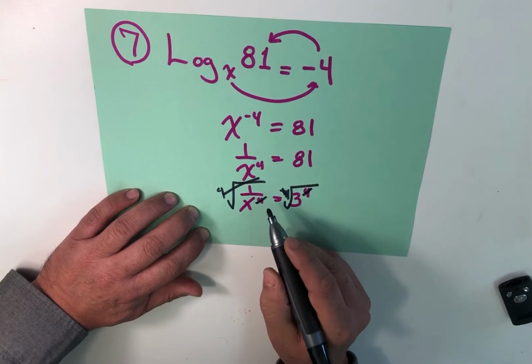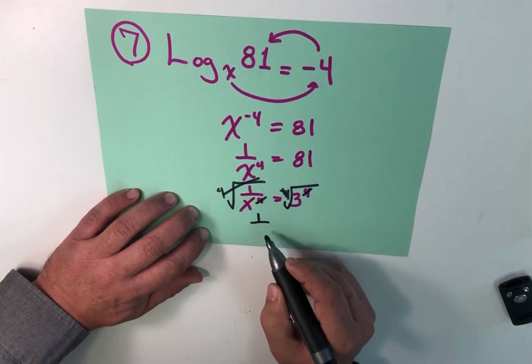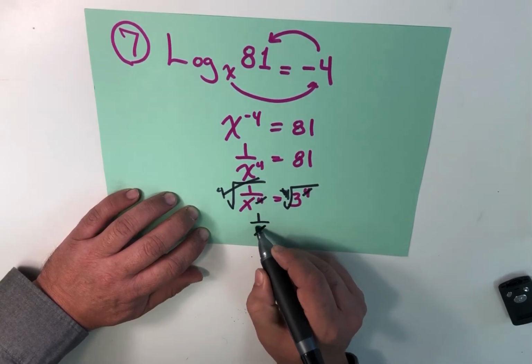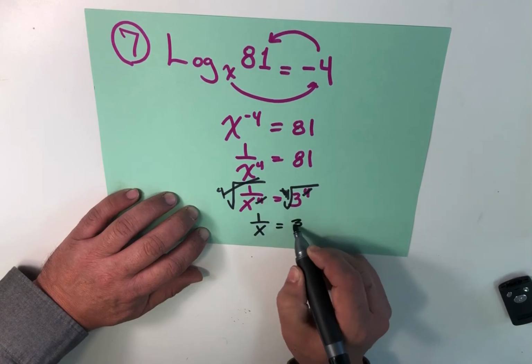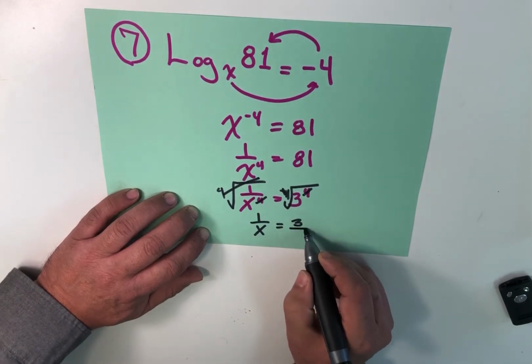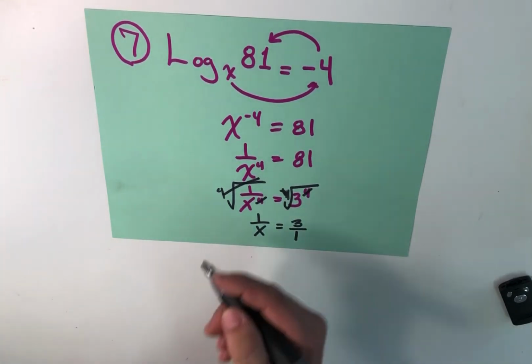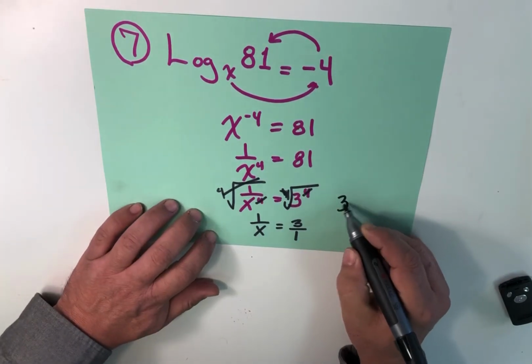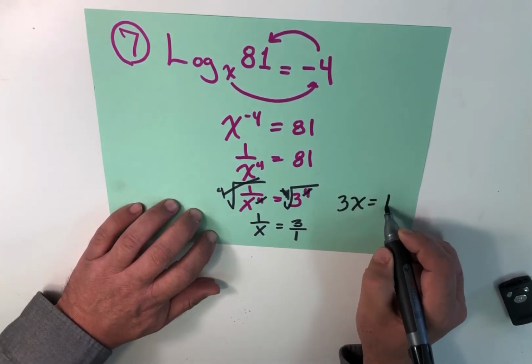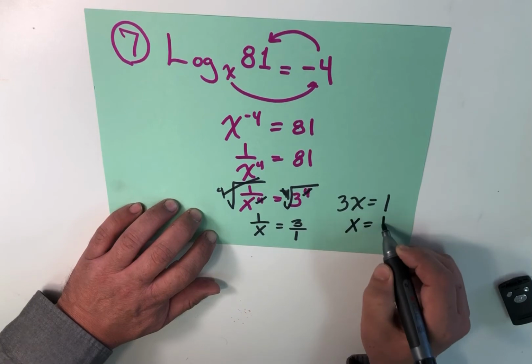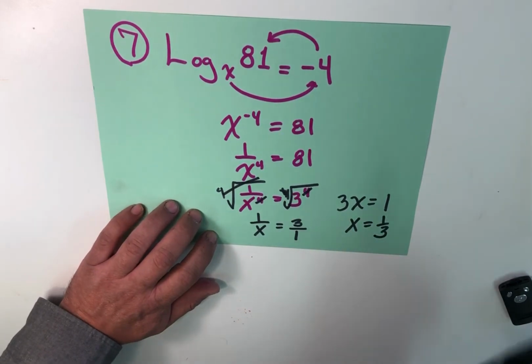You end up with the 4th root of 1, which is 1, and the 4th root of x to the 4th, which is x, is equal to 3. If I simply put a little 1 in here, now we have a proportion, and all I have to do is cross multiply. Sauce. So you end up with 3x is equal to 1, and so x is equal to 1/3.